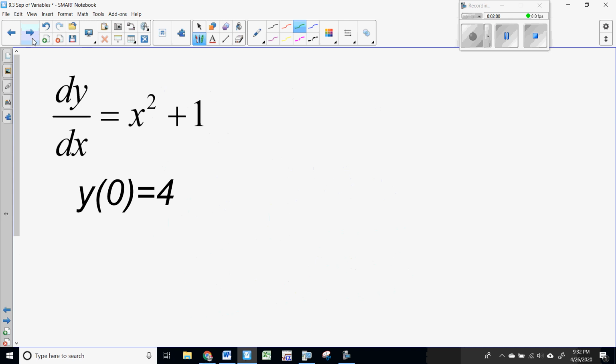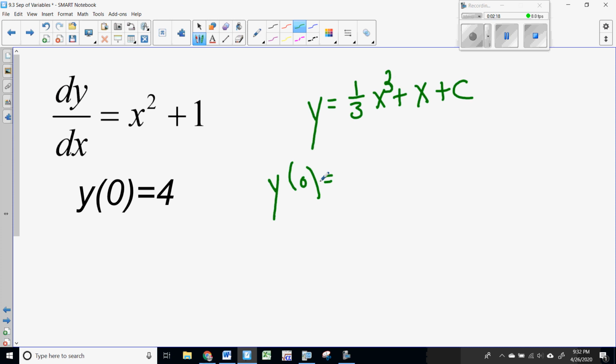Now, if we are given an initial condition, once we find our general solution, we can substitute it in to try to find what our c is. This would be our particular solution based on our initial condition. And here you can see 0, 0.